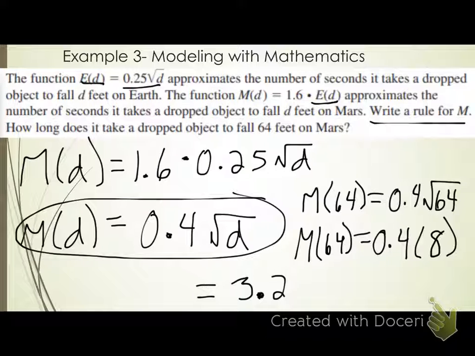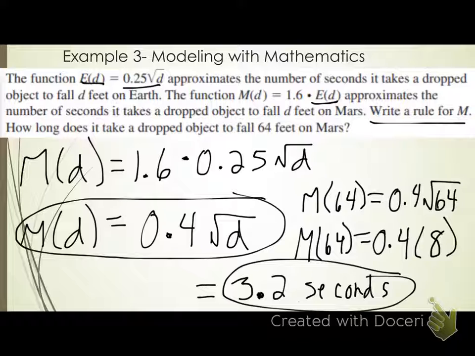It's asking how long it takes for a dropped object to fall 64 feet. So it's going to take 3.2 seconds. Make sure you have your units there, the correct units. And I'm done with example 3. Not too bad? Everyone good with that?